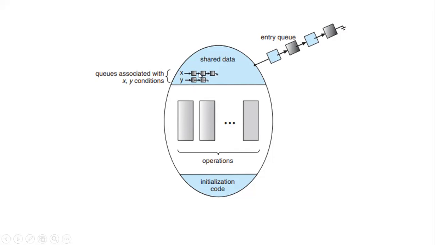When P1 is put into the queue of the condition variable, it is assumed to be not present in the monitor. In such a case, another process can enter the monitor and continue the execution. P1 will resume the execution only if another process executes the signal operation. When the signal operation is performed, the process that is put on the queue associated with the condition variable will resume its execution. In this way, mutual exclusion is enforced using monitors.